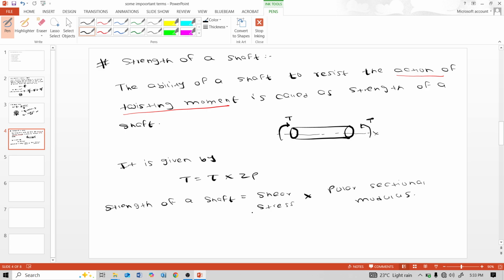So strength of a shaft is equal to shear stress multiplied by polar sectional modulus.